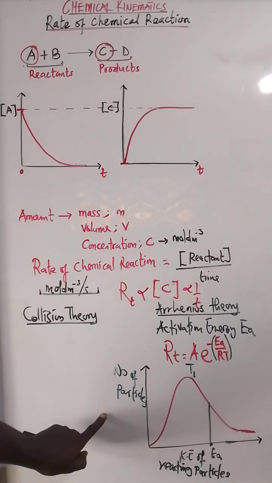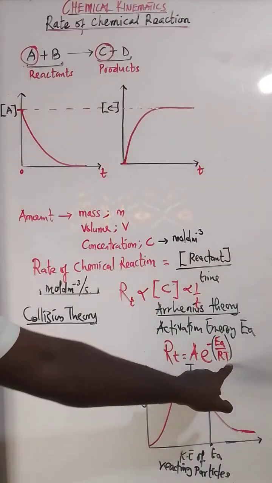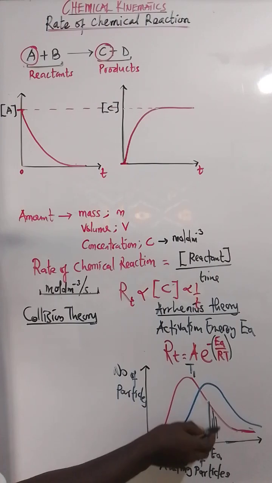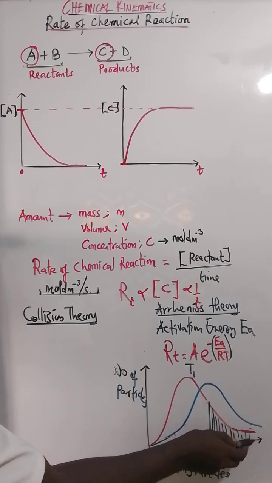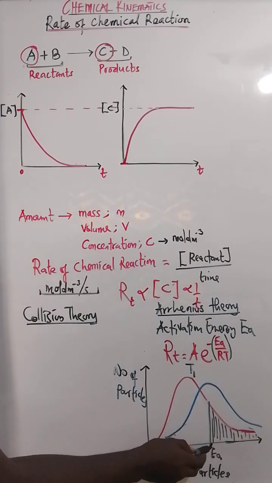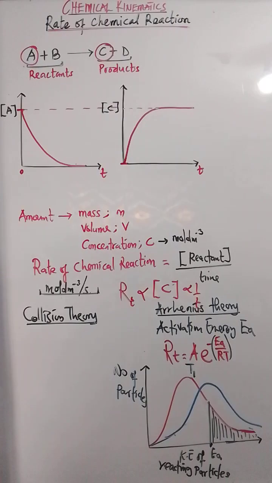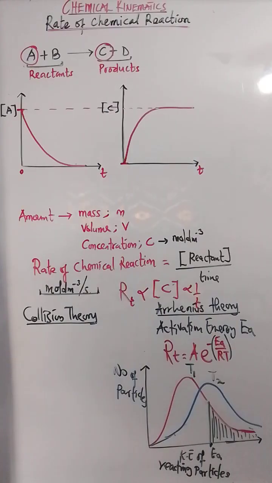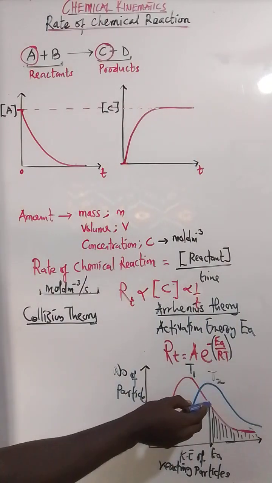What happens to the number of particles if the temperature is increased? The distribution will change and we are going to have something like this. Initially, this is the amount of particles whose energy is either equal to or greater than the activation energy. But now, when the temperature is increased from T1 to T2, the number of particles whose energy surpasses the activation energy will have increased.